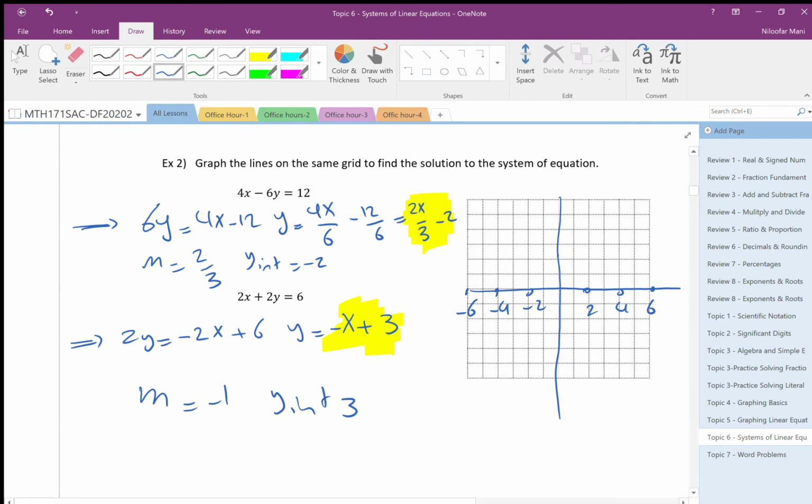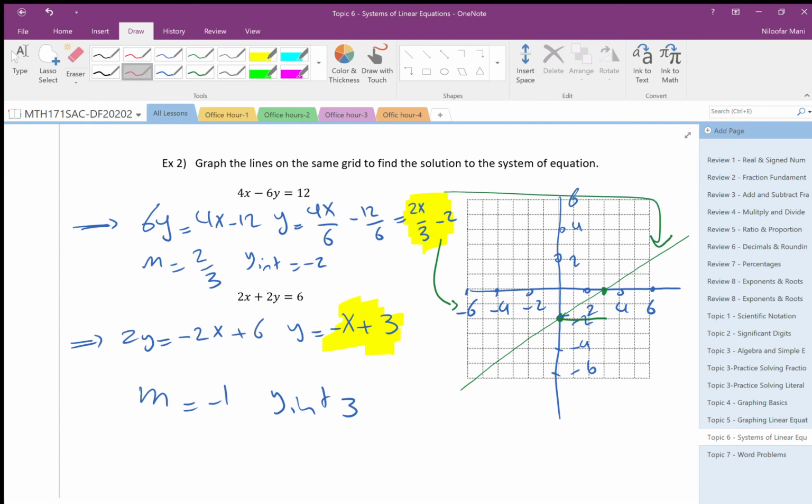And then I do 2 and also 4 and 6, and then minus 2 and minus 4 and minus 6. Okay, so now I find minus 2. For this one, I find minus 2, and then I go 3 to the right, 2 up. So I go 3 to the right, and then I go 2 up. Okay, so I go here and I can just connect. So this is this one.